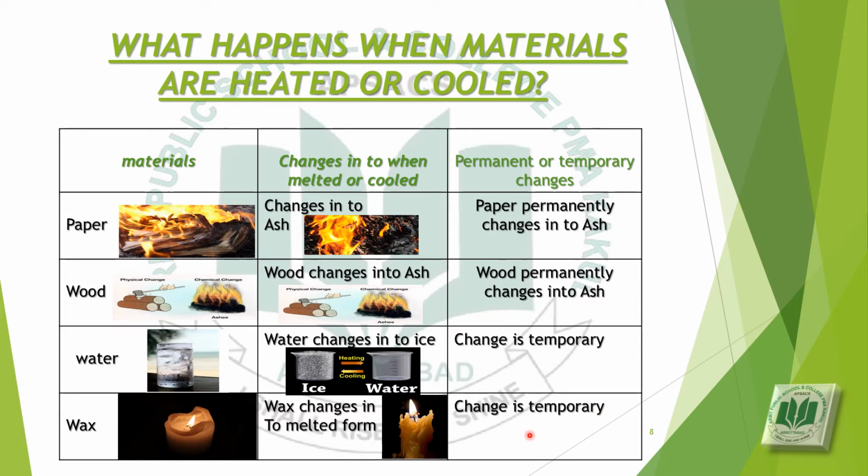When this wax is cooled down, it will again change into its original form. So that's why we can say that it is a temporary change. So these are different effects of cooling or heating process over different materials.